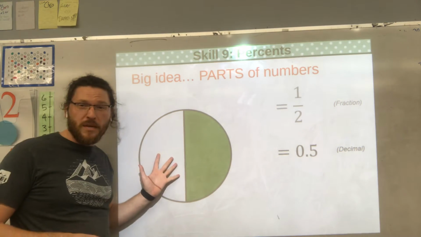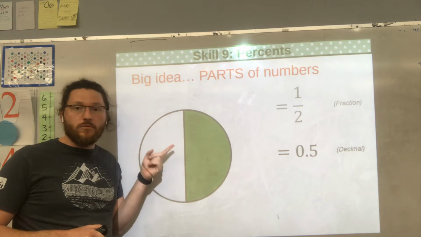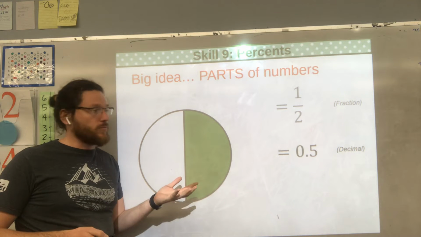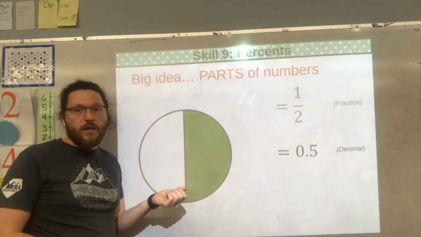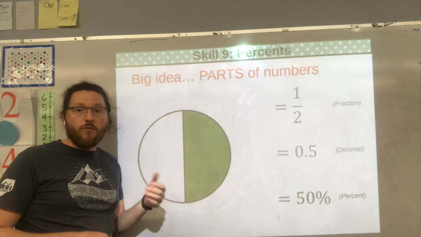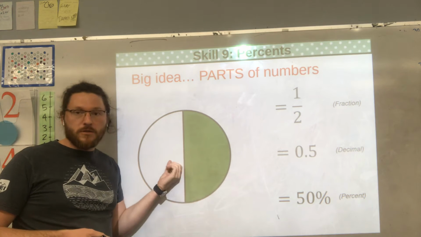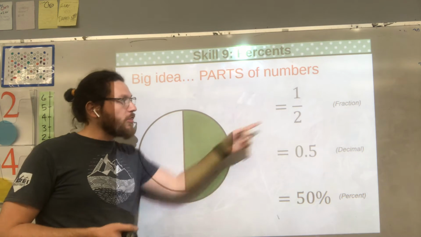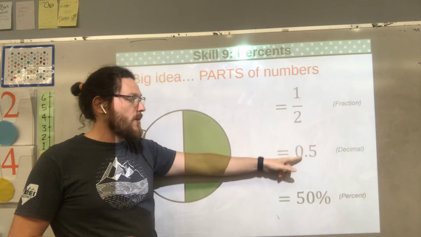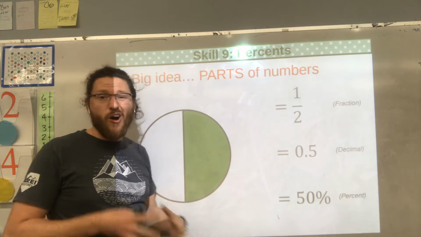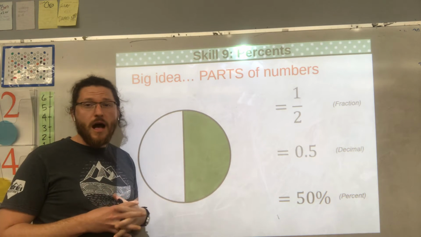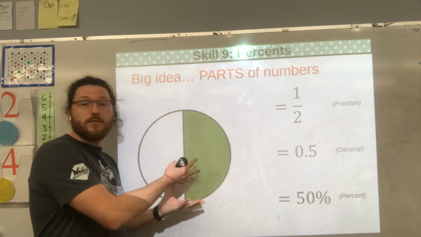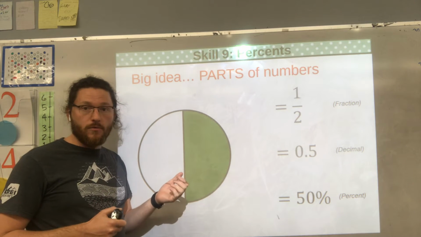This same picture can be represented with that fraction 1/2 and the decimal 0.5, and then the way that we're going to be looking at it today with percents: 50% of this circle is shaded green, and all 3 of these things, 1/2, 0.5, and 50%, are all ways to show that we have this much of this circle represented.